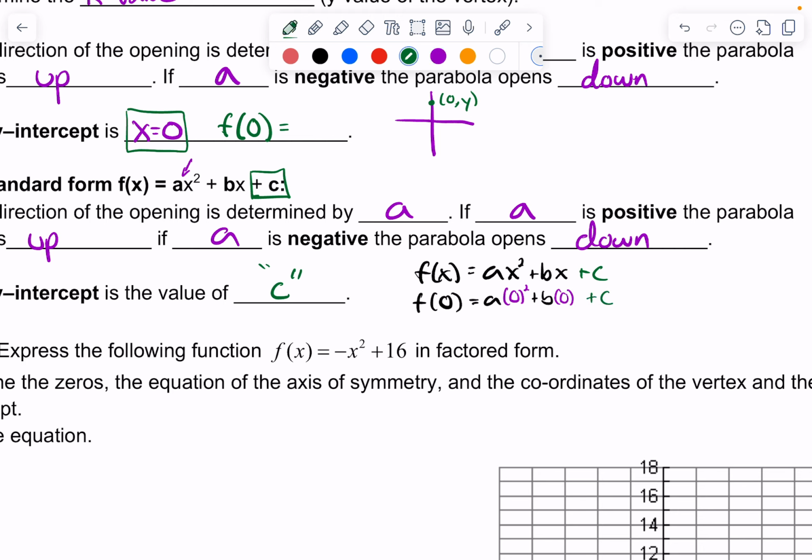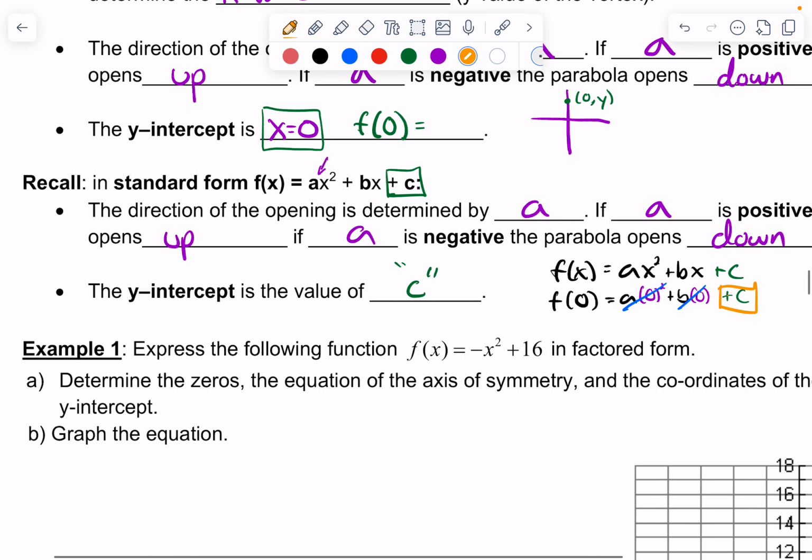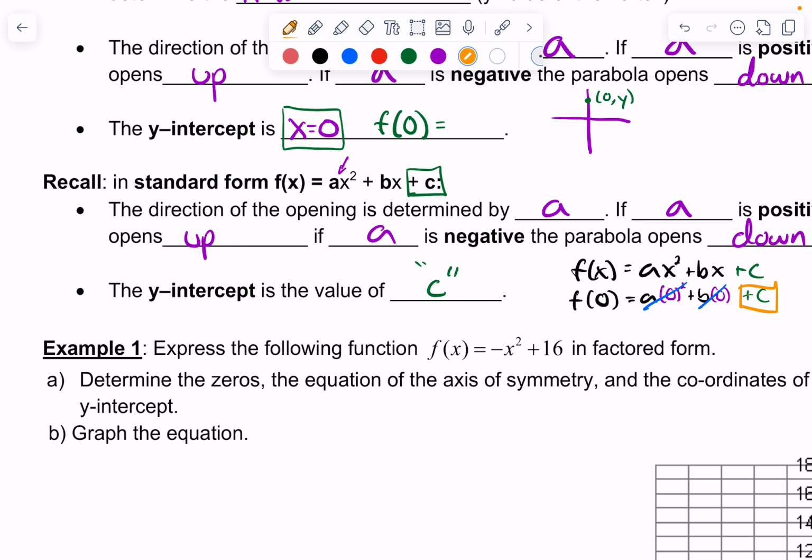Well, notice that this a times 0 is 0. This b times 0 is 0. And you're just left with your c value. So when we're given standard form, you can just look at the backside and say, well, right there, that's your y-intercept, whatever number that evaluates to.